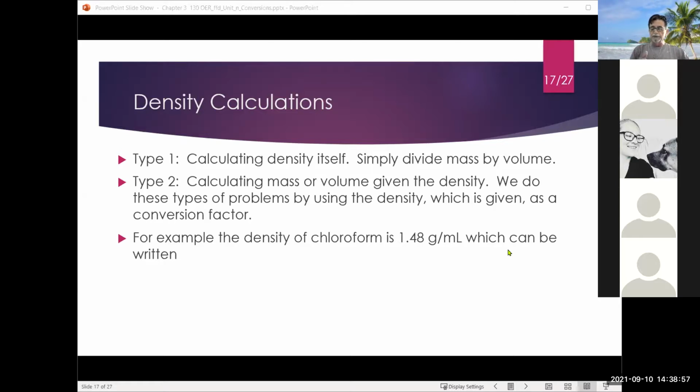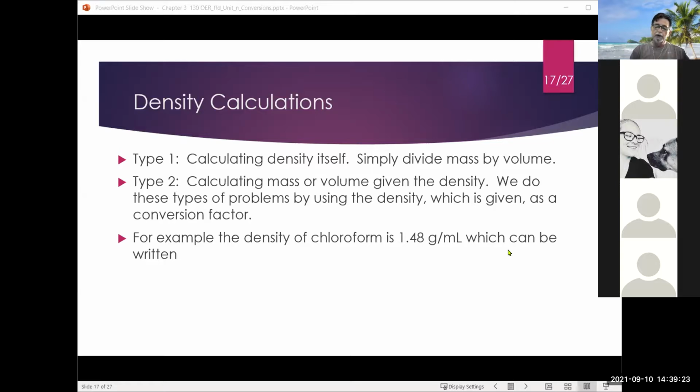So for example, the density of chloroform, which is an old chemical used to knock people out when you had an operation, has a density of 1.48 grams per milliliter. Okay, think about it. If you take 1 milliliter of chloroform and weigh it, it will have a mass of 1.48 grams.